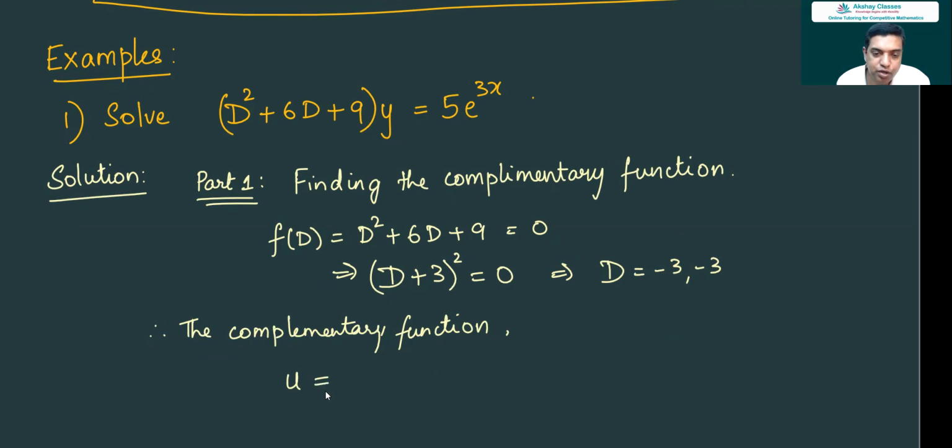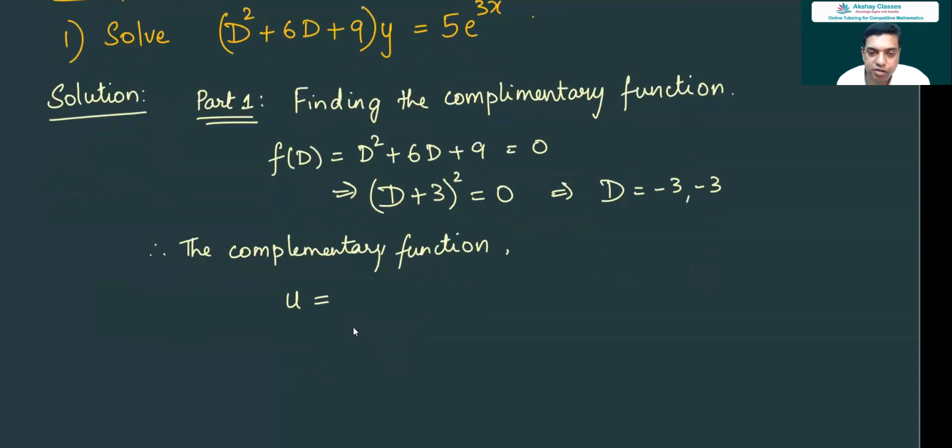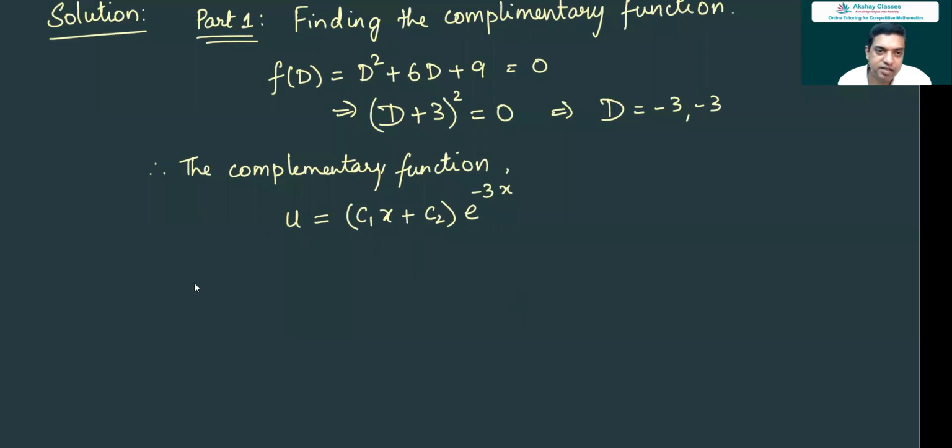We will write u and v because now we are dealing with the full solution, not just a part solution. u is (c1 x + c2) e^(-3x), from e^(m1 x) times (c1 x + c2).